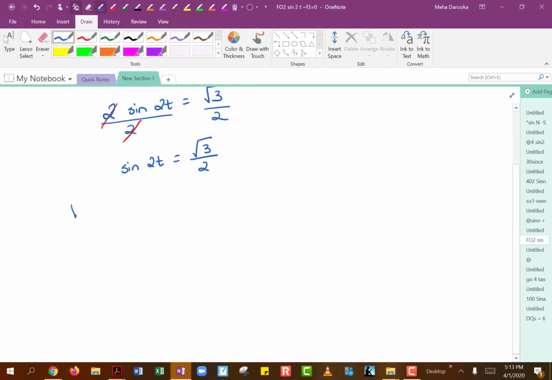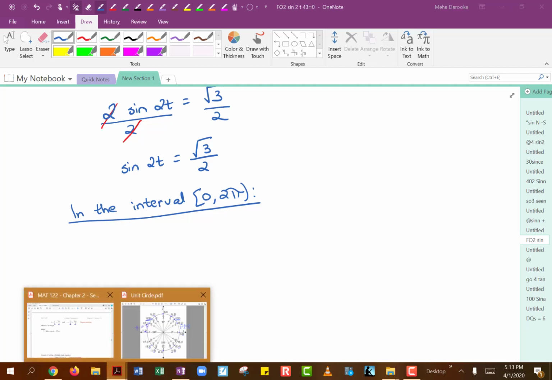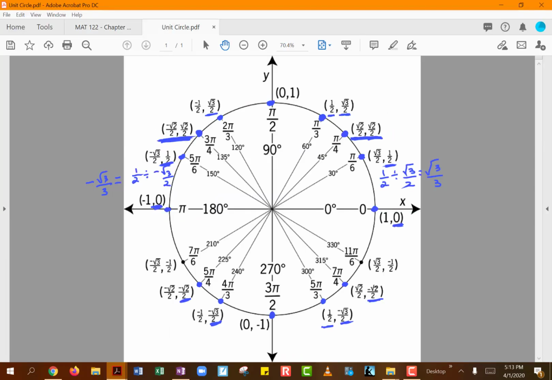So in the interval, and again sine has a period of 2 pi, so you would be going from 0 to 2 pi. We are looking at where the sine function is going to be positive square root of 3 over 2.